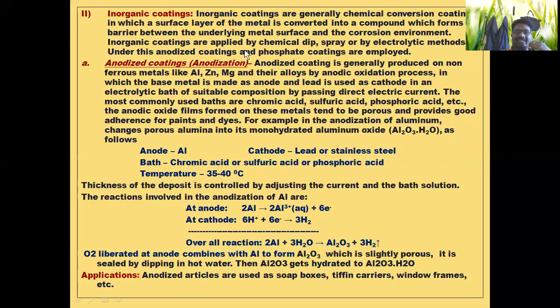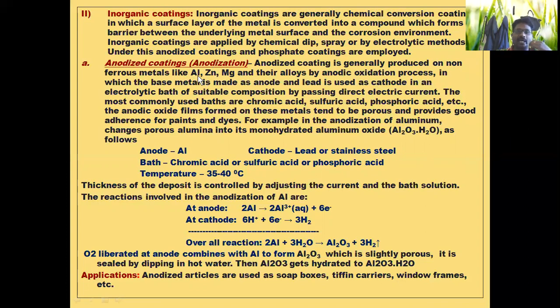Under these, phosphate coatings and anodized coatings are employed. Under these inorganic coatings, we will study anodization of aluminum. Anodized coating is generally produced on non-ferrous metals like aluminum, zinc, magnesium, and their alloys by the anodic oxidation process.